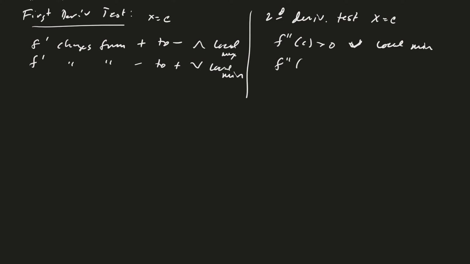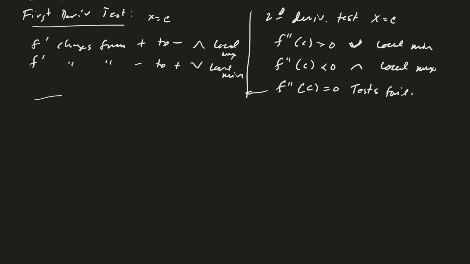And if f double prime is negative, that means you have a sad face, local max, concave down. Okay, then if f double prime of c is equal to 0, test fails. It's inconclusive. You can't tell. And so that means you have to go to the first derivative test, hopefully, to see what's happening.